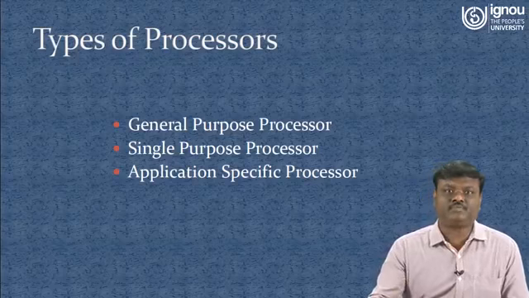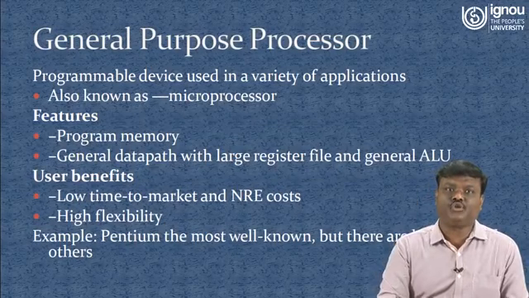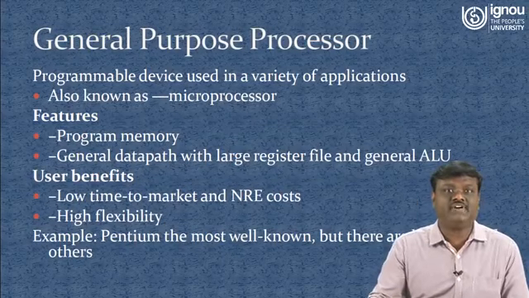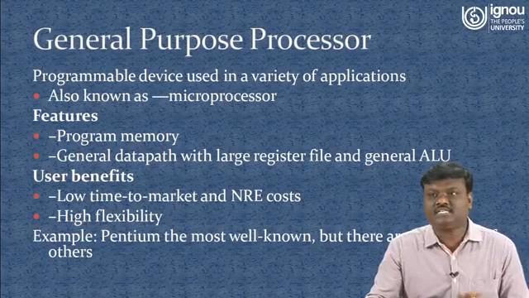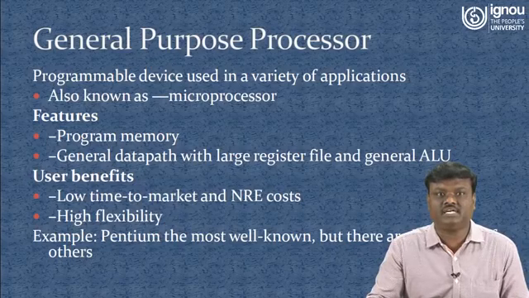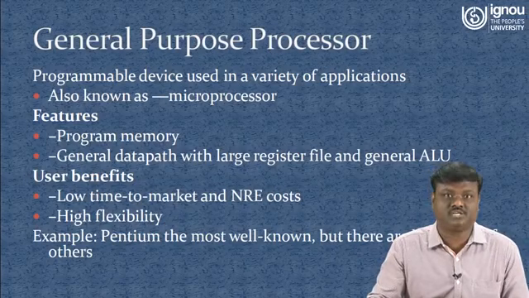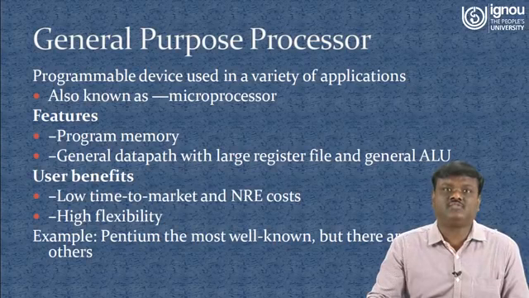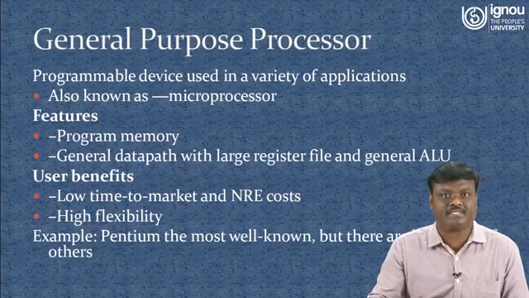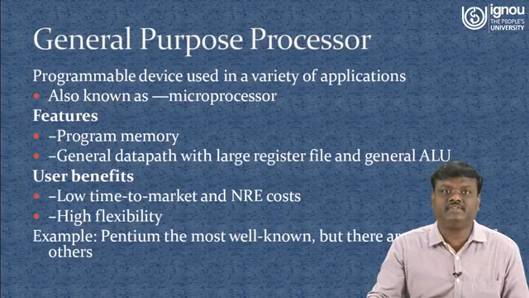So the general purpose processor is a programmable device used in a variety of applications. We were using these general purpose processors in the systems also. This is also called a microprocessor, in computers, laptops, tabs. So every computing device will have this microprocessor.